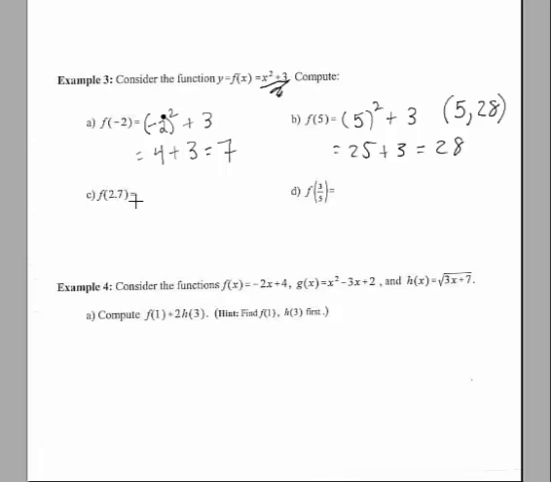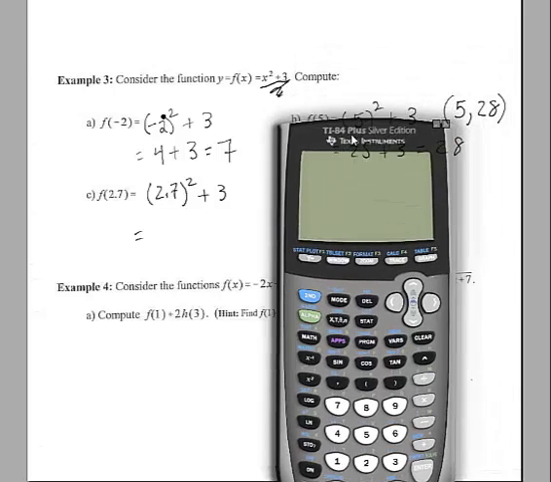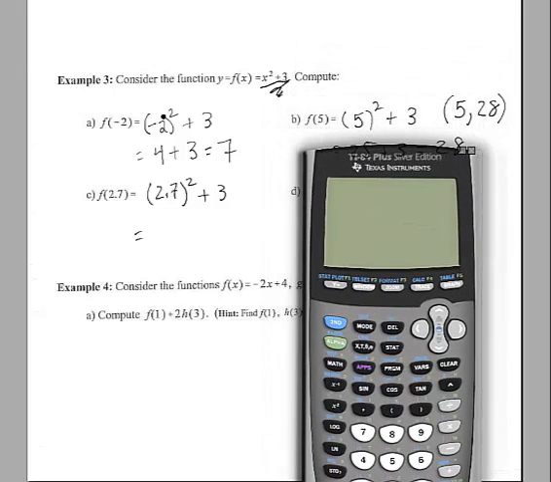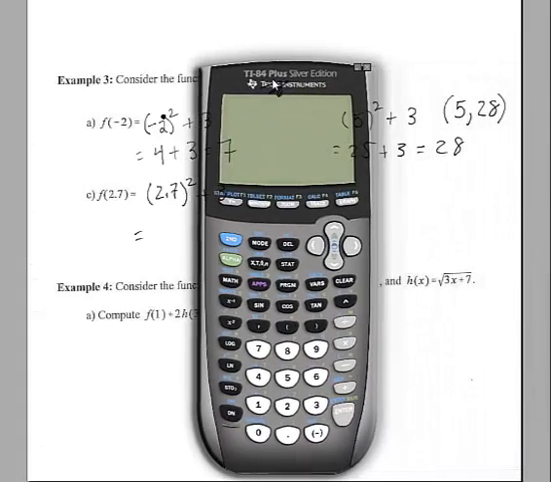Okay, f of 2.7, we would take 2.7, square it, and add 3 to it. Okay, let me calculate 2.7 squared. Here's my calculator, TI. Let's see if I can move this around.